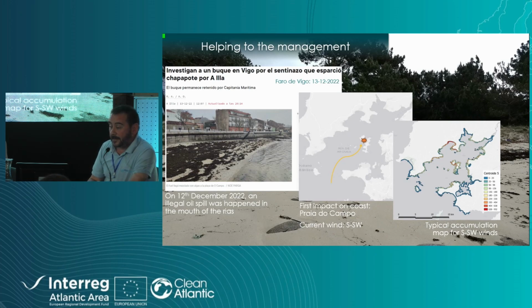So this hydrocarbon entered the bay, and the first impact of that oil was actually on the isthmus of the island, which had been shown to be a typical accumulation area. And the second impact happened in the northern part of the bay, in front of A Pobra. So this made us feel certain that this is actually working.